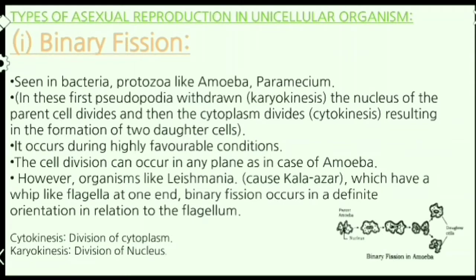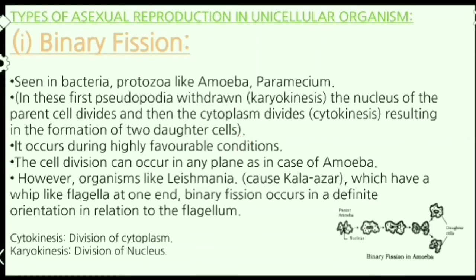Binary fission is usually seen in bacteria and protozoa like amoeba. In these, the pseudopodia is first withdrawn. Later, the nucleus of the parent cell divides, and then the cytoplasm divides. Finally, the result will be the formation of two daughter cells.